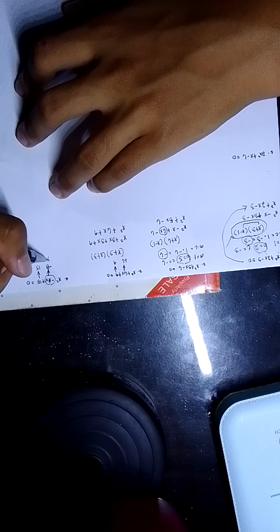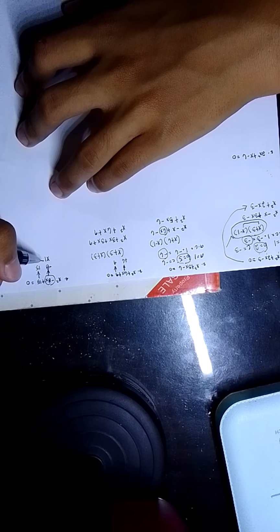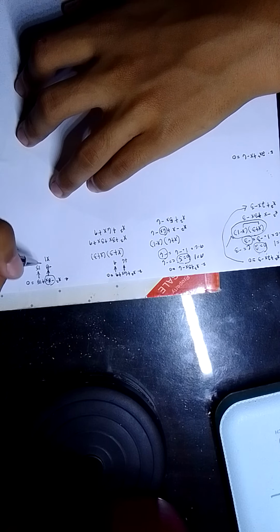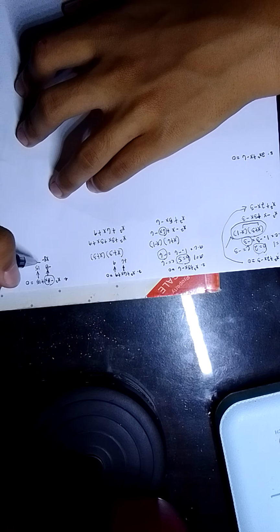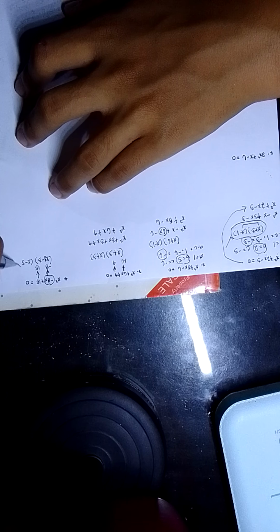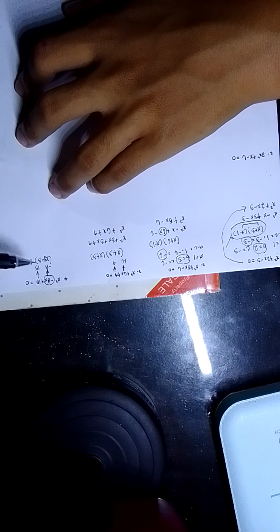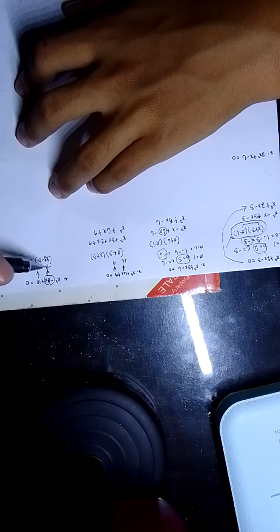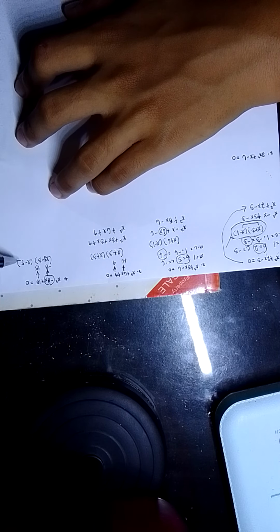Therefore, the answer is x minus 3 times x minus 5. If you're going to add them, we'll have the answer negative 8. Negative 3 plus negative 5 is negative 8. If you're going to multiply them, we'll have the answer 15. Negative 3 times negative 5 is 15. Negative times negative is positive.